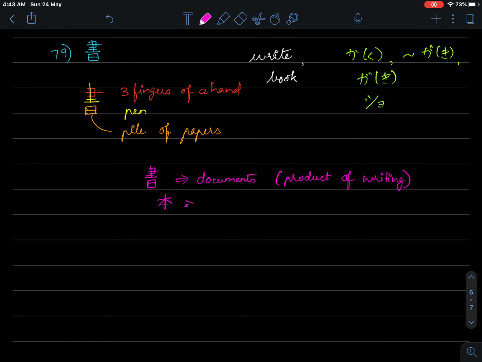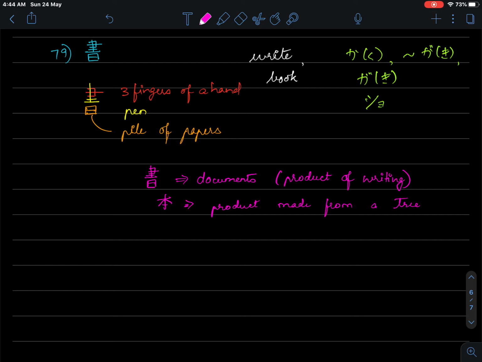and this one is made from a tree. You cannot use this as a rule, because normal books are the result of writing, but we still call them hon, the second kanji, rather than using the kanji that we did just now, sho.